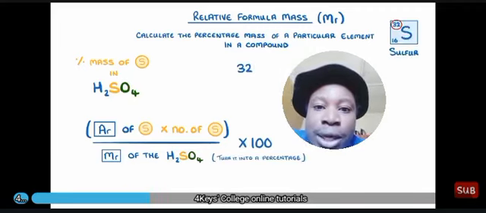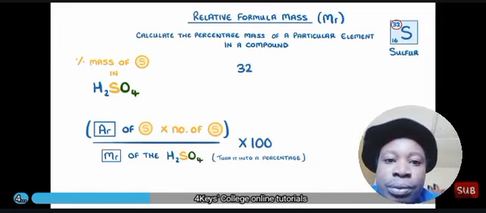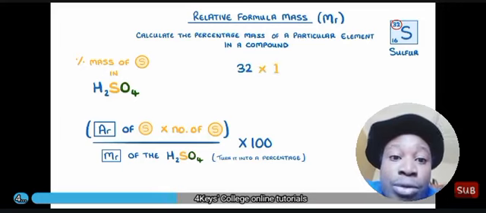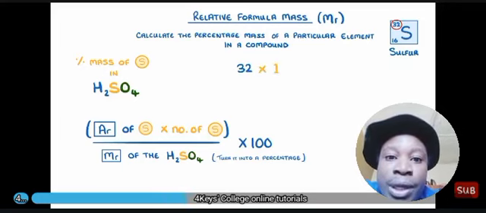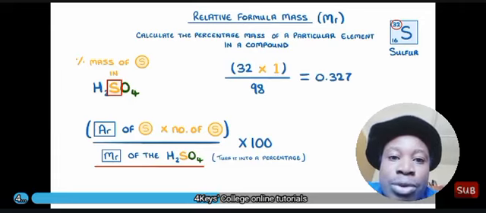Okay, so let's do that. We know that the mass of sulfur is 32. And we have one atom of sulfur in the compound, and we divide this by the MR of the compound, which is 98 for sulfuric acid, and we get that fraction 0.327. So what you simply have to do is then multiply that by 100 in order for you to get the percentage composition.